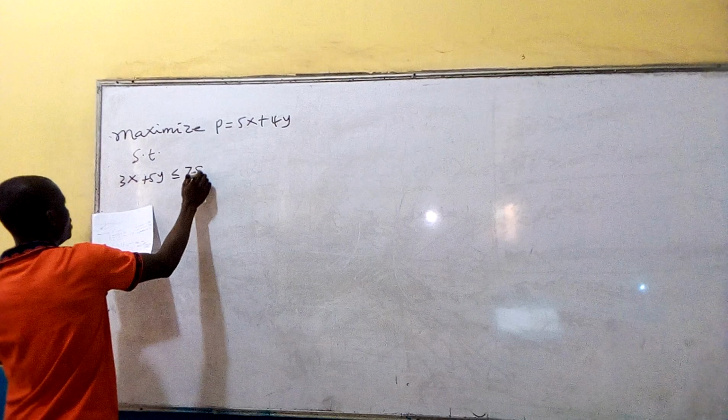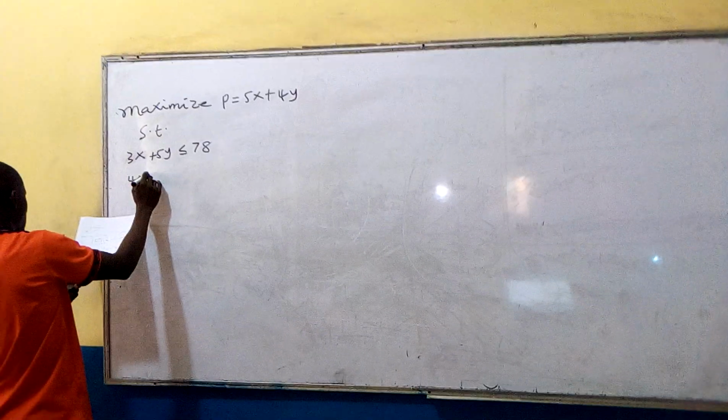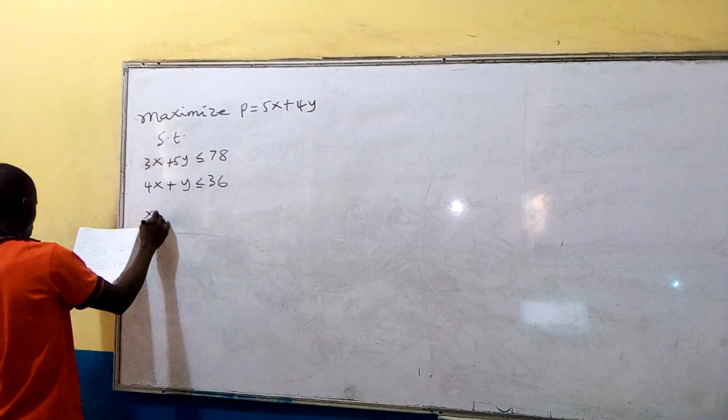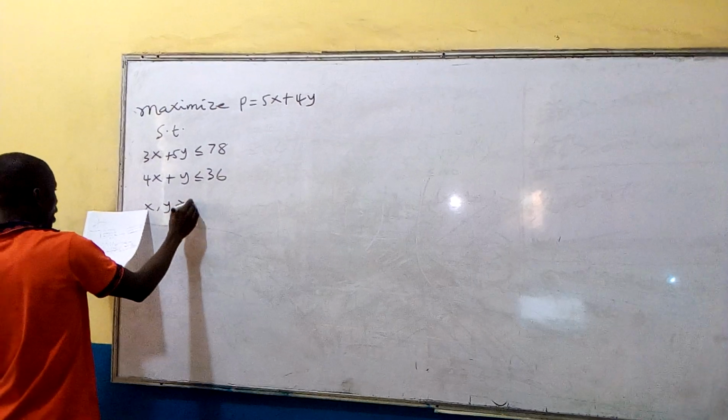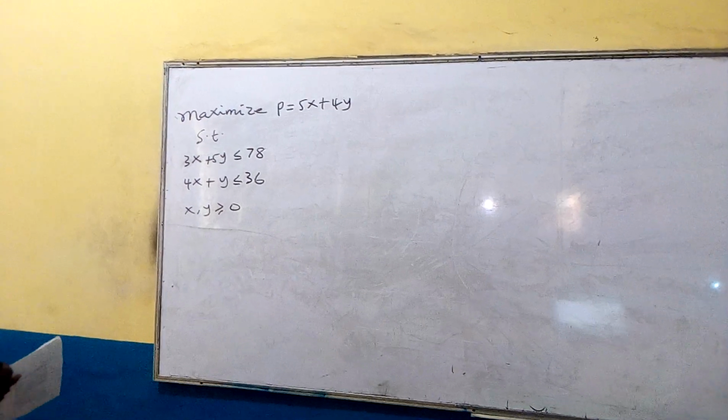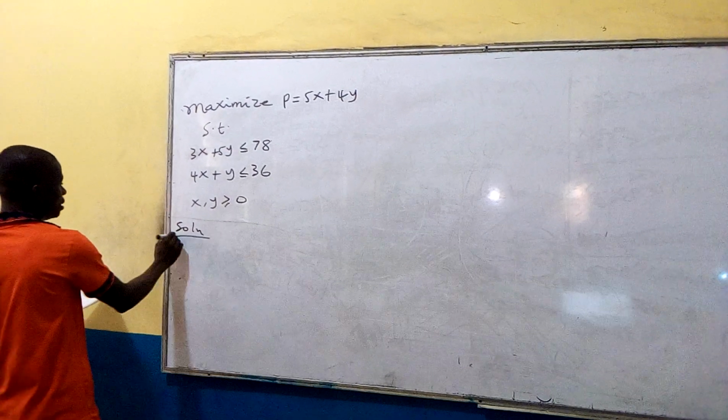We want to maximize p equal to 5x plus 4y subject to the following constraints: 3x plus 5y less or equal to 78, 4x plus y less or equal to 36. Then the non-negative constraints, where x and y are greater or equal to 0. So we want to solve this problem. We want to maximize it. We want to use the LP.